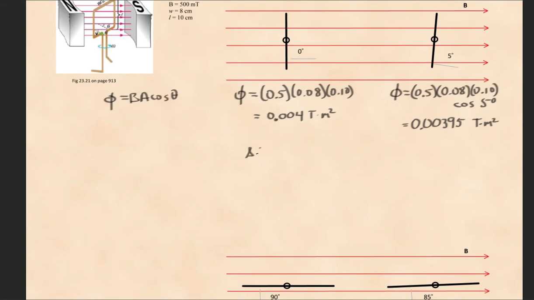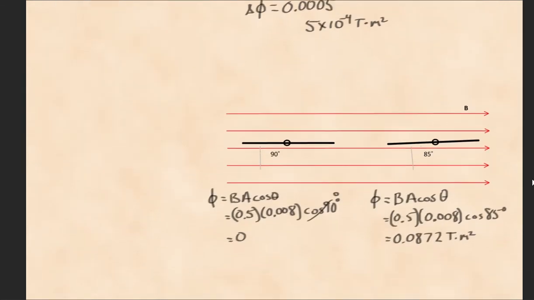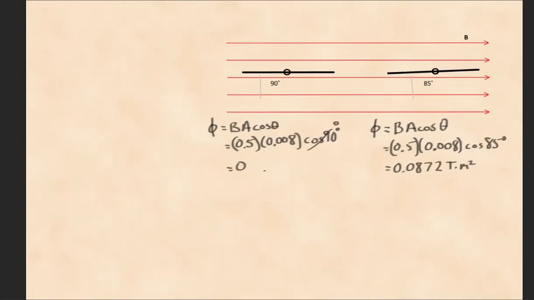The change in flux in this case is the difference between these two, which is a difference of 5 times 10 to the minus 4 Tesla meters squared. In this case, the same change of 5 degrees, but at a different orientation, is 8.72 times 10 to the minus 2 Tesla meters squared.